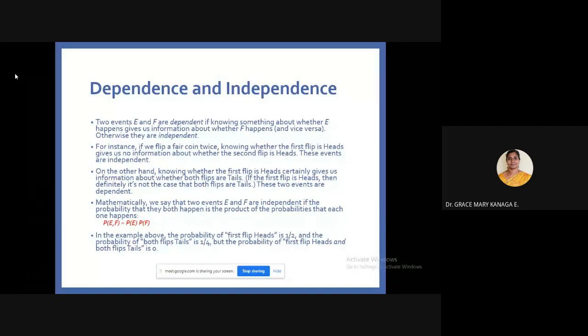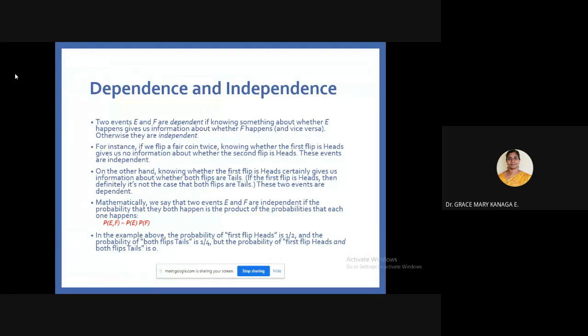Assume that there are two events E and F. These two events are dependent if knowing something about whether E happens gives us information about whether F happens or not. Otherwise they are independent.